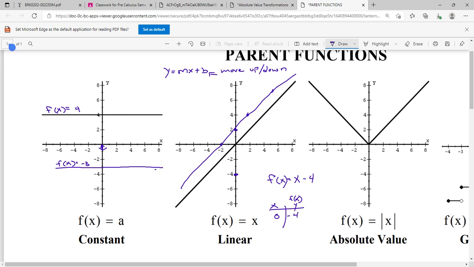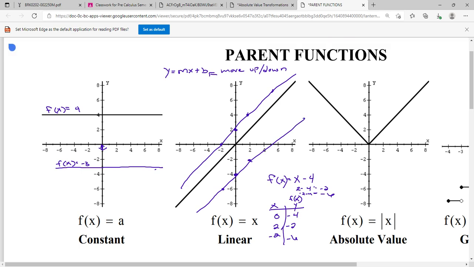And then if we did 2, we would get 2 minus 4 equals negative 2. 2, negative 2 is right there. And then if we did negative 2, we will get negative 2 minus 4 equals negative 6. So that would be here, and that's just going to shift our line down 4, right?